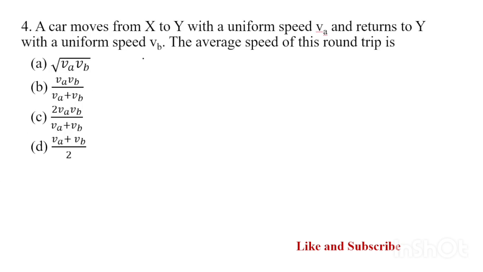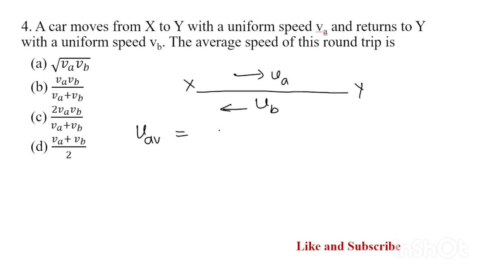Now question number 4. A car moves from X to Y with a uniform speed of VA and returns to X with uniform speed of VB. It moves with this speed and returns with this speed. What is the average speed? So average speed equal to total distance upon total time.